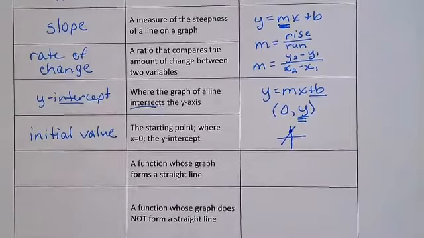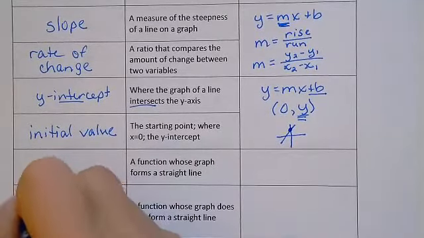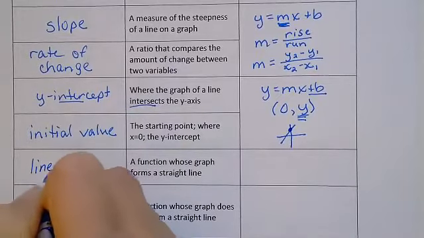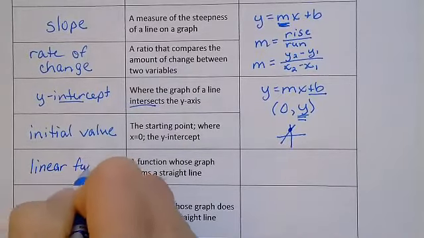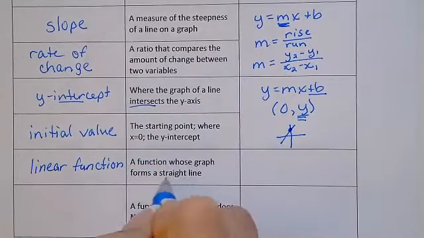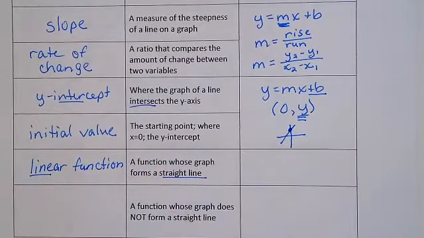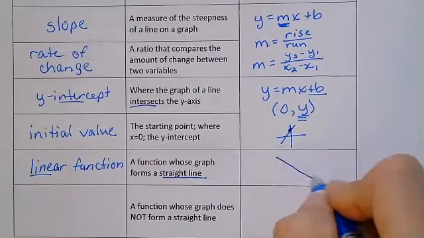Okay, a function whose graph forms a straight line is called a linear function. Straight line, linear. So it might look like this.